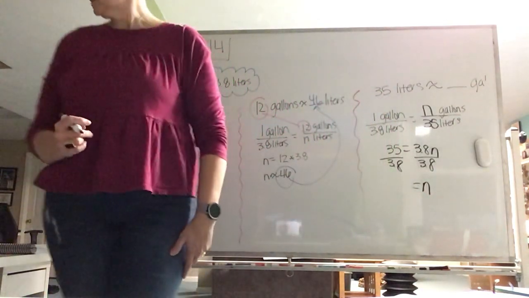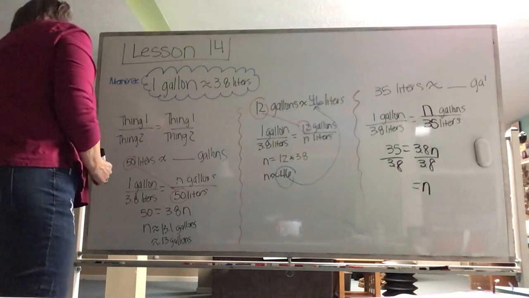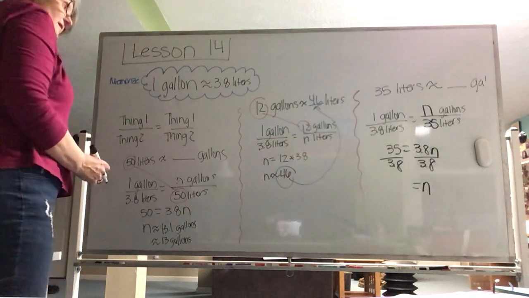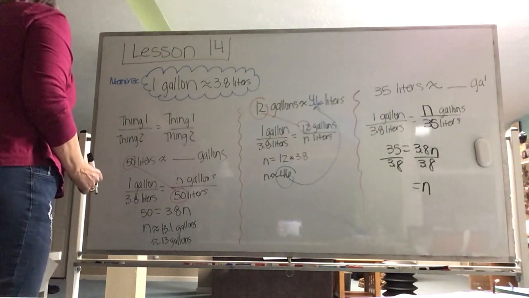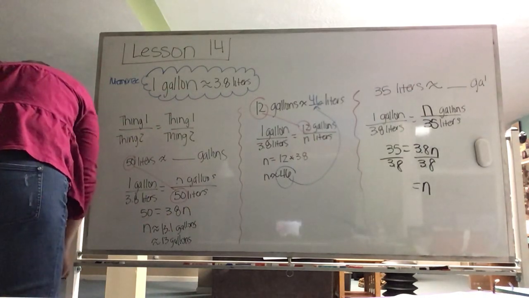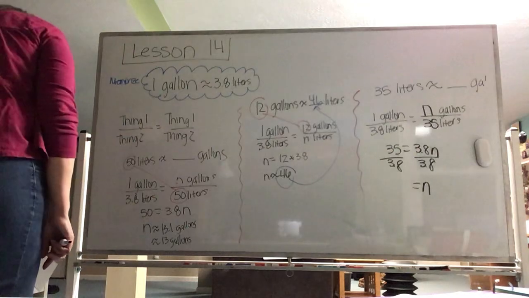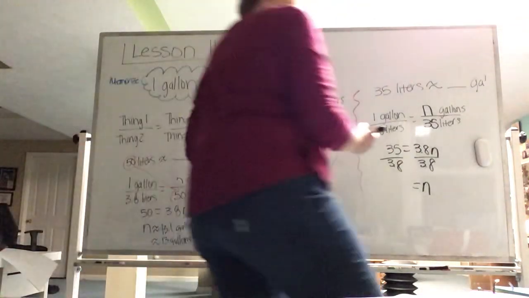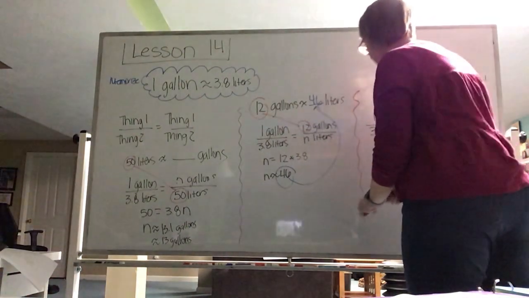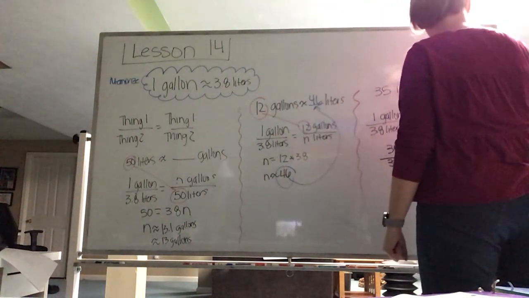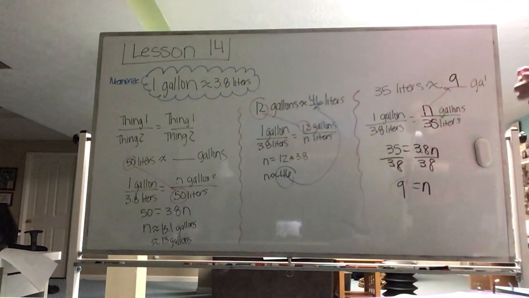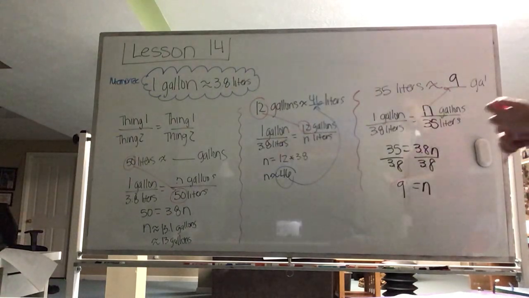I'm going to give you a minute to figure out the math on that one, but N is approximately 9 gallons. So this answer here, I'm going to copy back up into my problem, and that is my answer. So 35 liters equals 9 gallons.